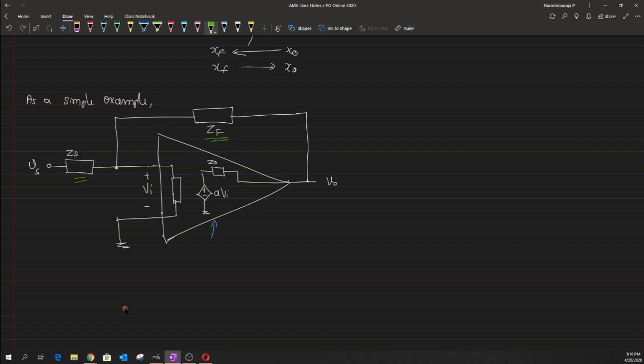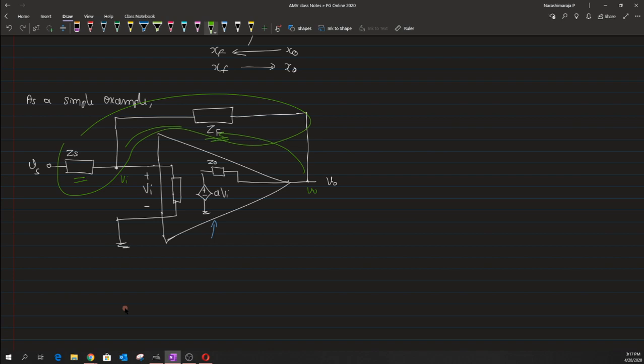Okay, so the most important fact about this circuit is that this composition of ZF and ZS is basically a bilateral transmission circuit. So the signal can flow from Vs, or basically from Vi, to this V naught, and there is also a possibility of current flow from V naught to Vi.